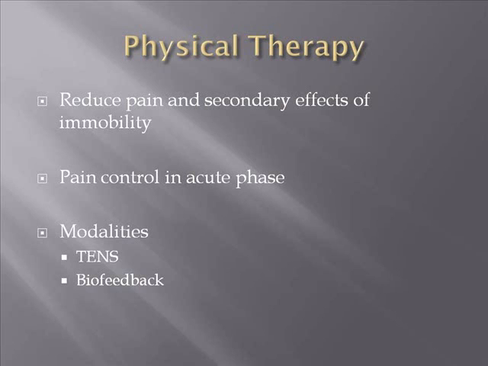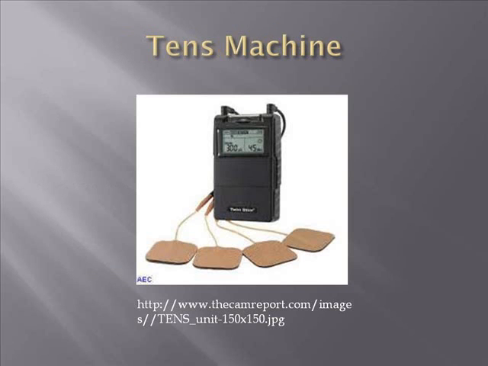Modalities like transcutaneous electrical nerve stimulation, so TENS, may be beneficial in the initial phase of sympathetically maintained pain, which is associated with vasodilation. And that's when functional impairment is minimal and the nerves seem to be less irritable. TENS can provide relief over a period of time, which can enable the therapist to work with the patient to restore functional movement.